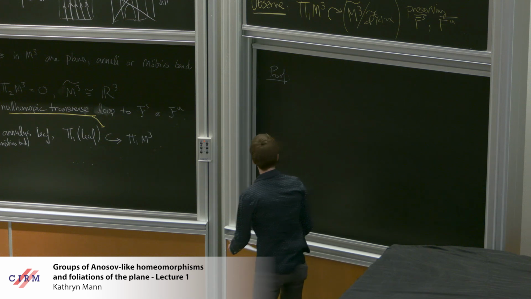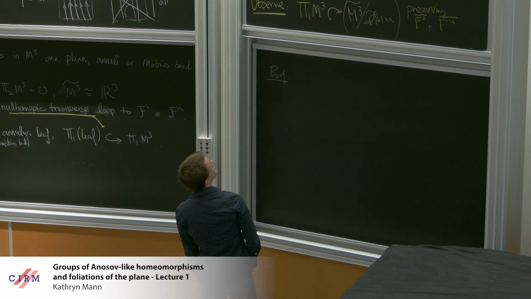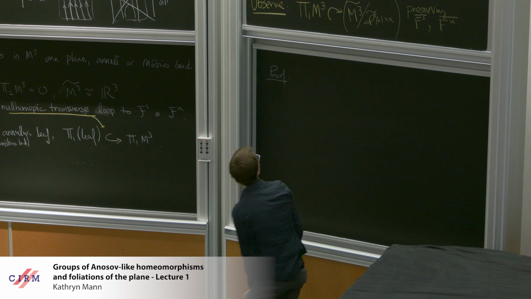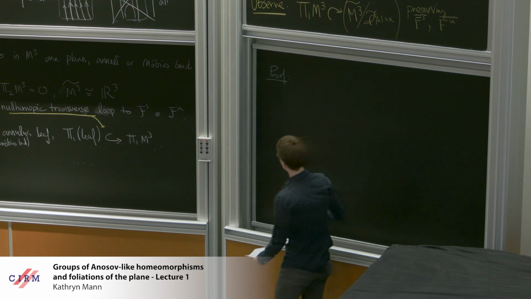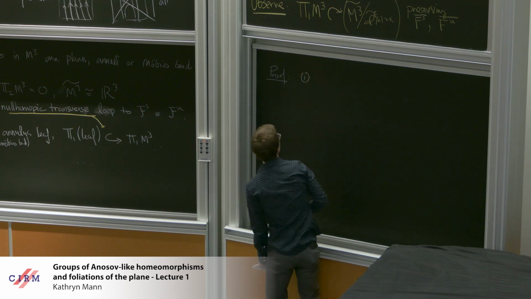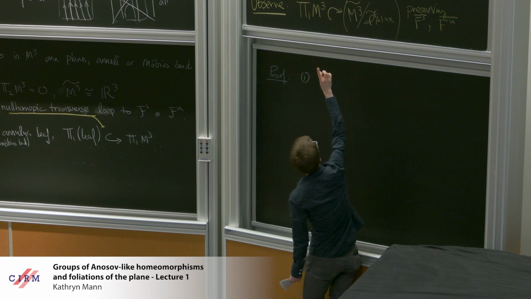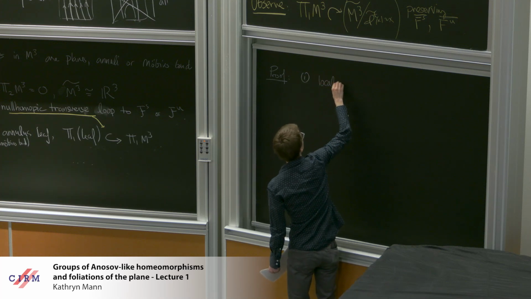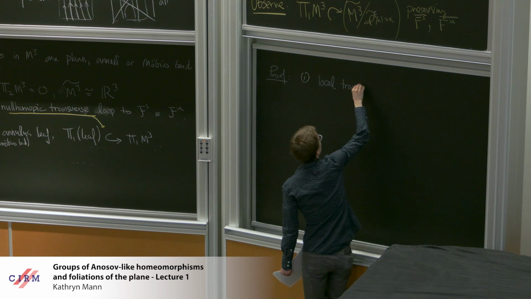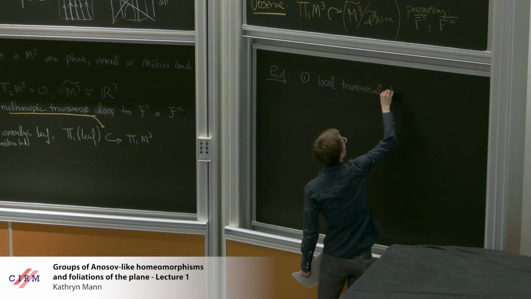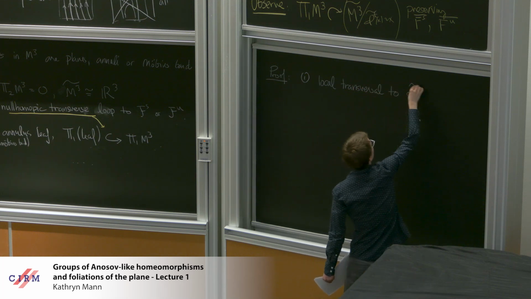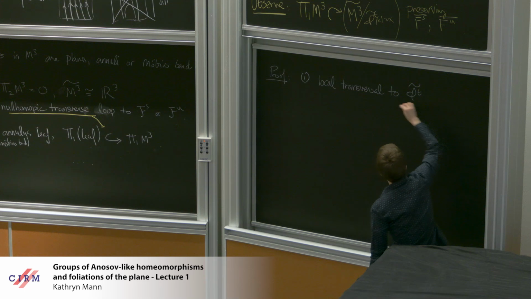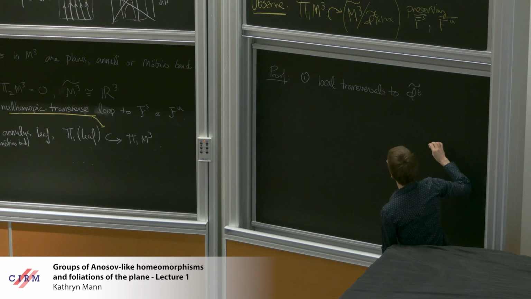I want to get R^2, so I need some local charts. So the first step is, I have a flow and I can take a local transversal, and hope that this would give me a local chart for the orbit space.